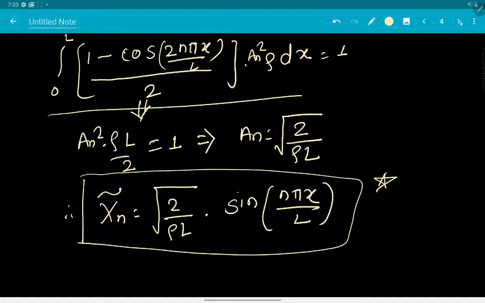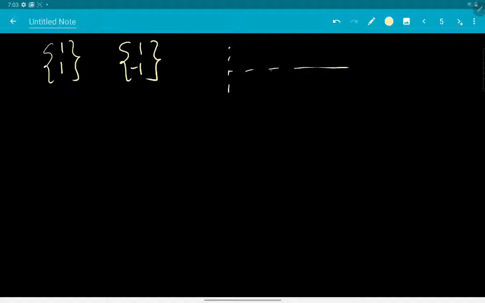Let me show you how exactly these mode shapes will look. In our earlier case, when we were considering a multi-degree of freedom system, the mode shapes that we obtained were 1, 1 and 1, minus 1. So let's say that we had mass particle number 1 over here and mass particle number 2 over here, and then there was spring 1 and spring 2.